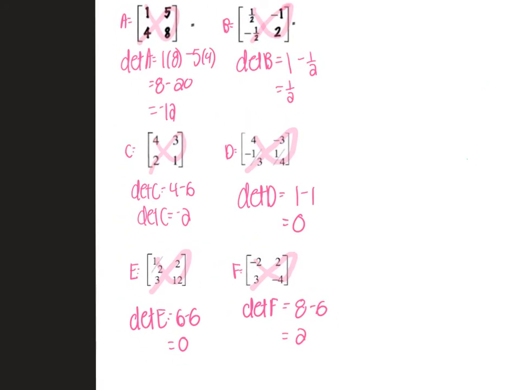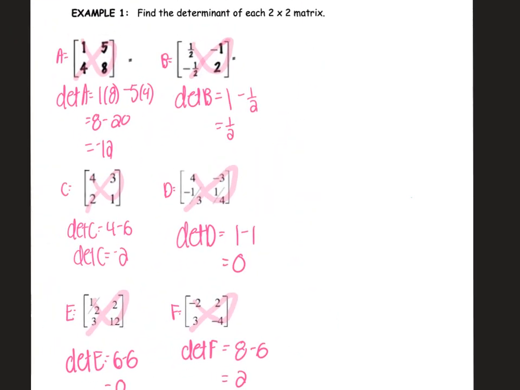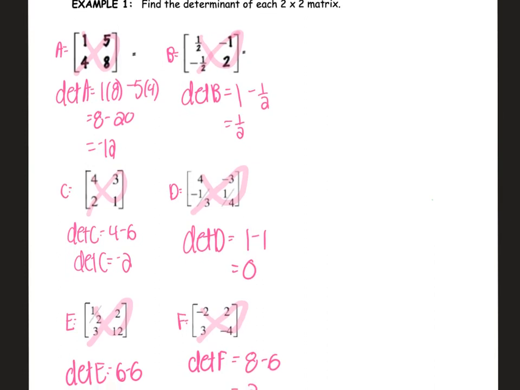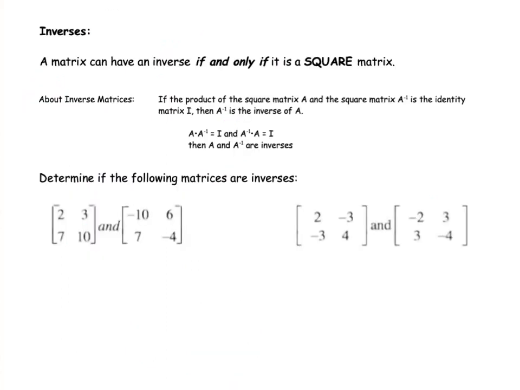Okay, and that's how you calculate determinants. The reason we're doing this, like I said, is that it helps us when we start calculating inverses to first determine if we have an inverse, and then we will also use it when we are finding our inverses. Okay, so when we talk about inverses, what we mean is basically opposites of each other or things that undo each other.